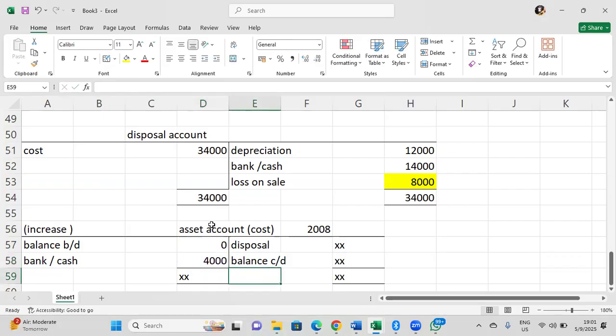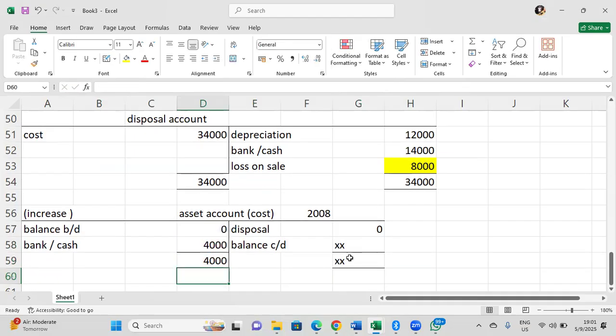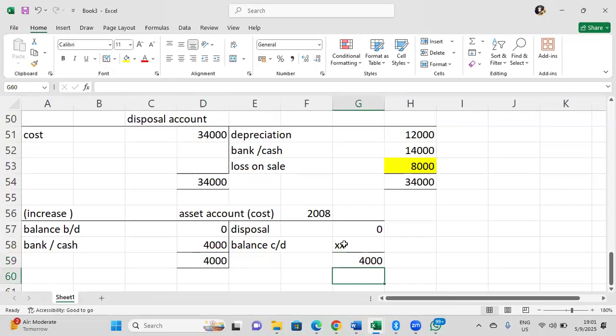The asset you bought during that year, you put it under that. Did we sell anything in 2008? No asset was sold, so there is no disposal in 2008. Then you calculate your balance CD. If there was any amount on the debit here, you'd add this plus this one. Then the bigger total is what you bring here.